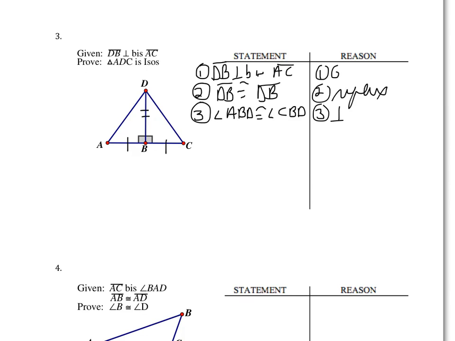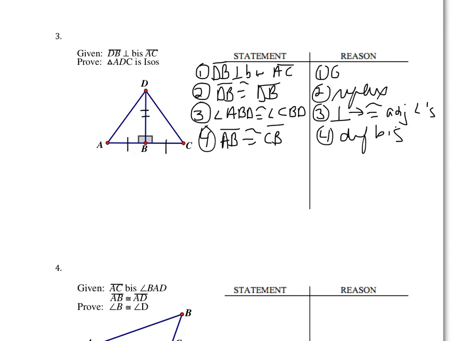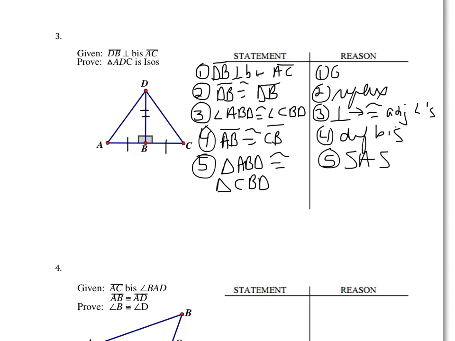And we know that because perpendicular means congruent adjacent angles. We also know from the given information that AC is being bisected. So therefore I know that AB is congruent to CB, and that part is due to the definition of bisector. So now I've used all of my given information, and I notice that I have all three pieces of information that I need to conclude that the two triangles are congruent. And I'm going to make that conclusion by side, angle, side. So I can say that triangle ABD is congruent to triangle CBD.